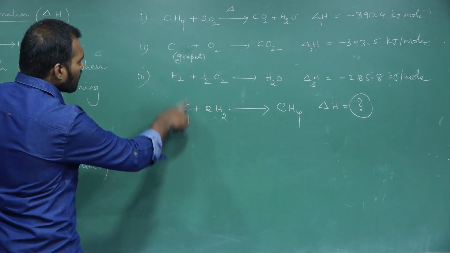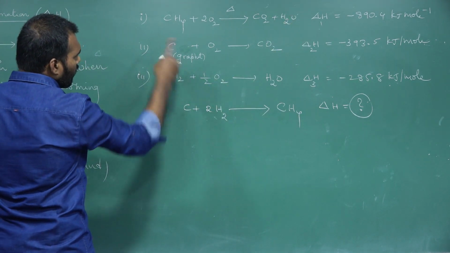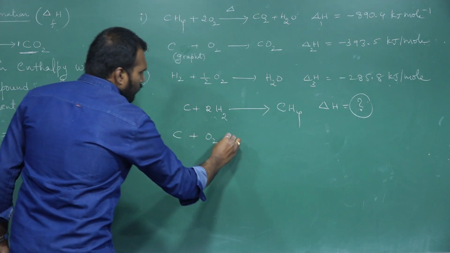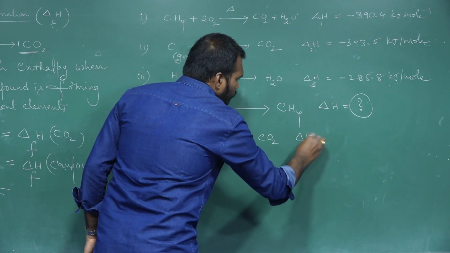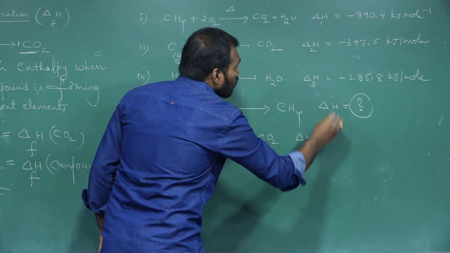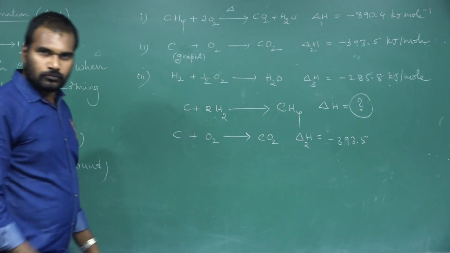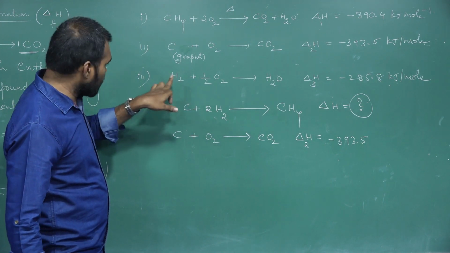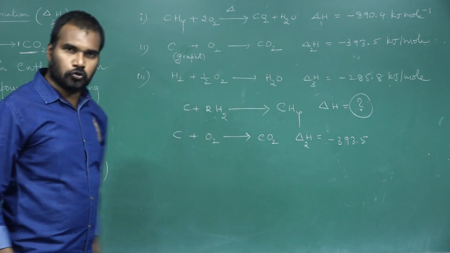First, the second equation as it is I am writing, because carbon is on the left side in both. That is why C plus O2 gives rise to CO2, whose del H2 value is equal to minus 393.5. Next, hydrogen is on the left side in the third equation, but here 1 mole, and here we need 2 moles. For that I am multiplying the whole equation with 2.